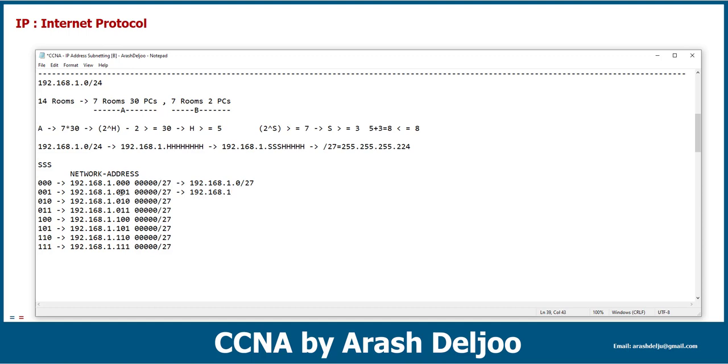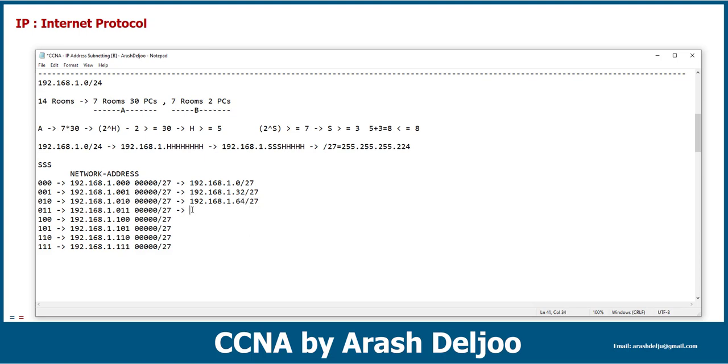After that, 192.168.1, look at here, this is 32. If you calculate this value, you will find that this is equal to 32/27. After that, the next network address, 192.168.1.64/27.